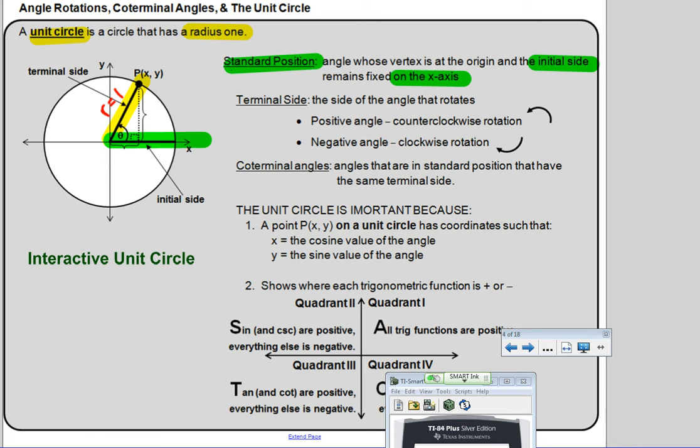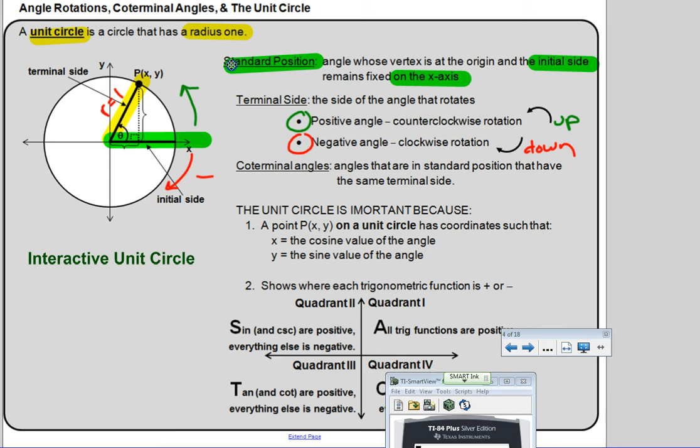And then from there, the angle is going to rotate. Positive angles, like positive 30, are going to rotate up, and the angles are going to rotate down if it's a negative angle.